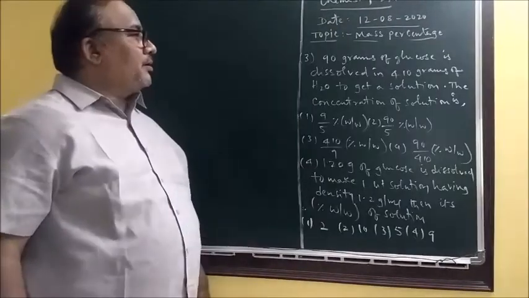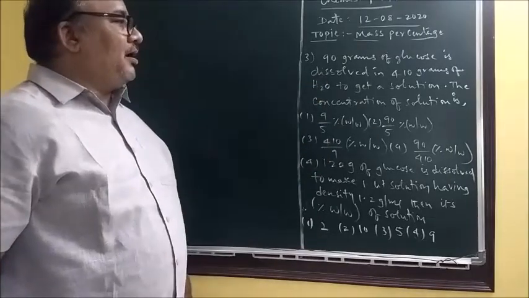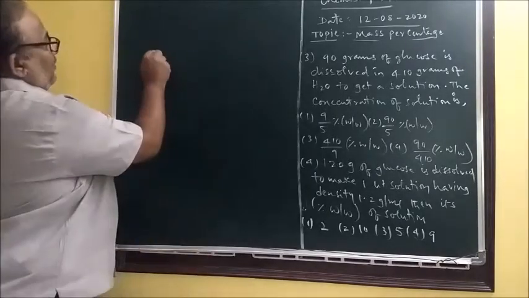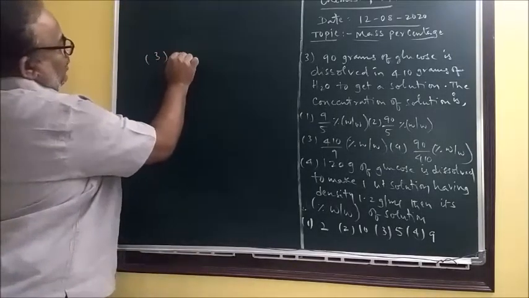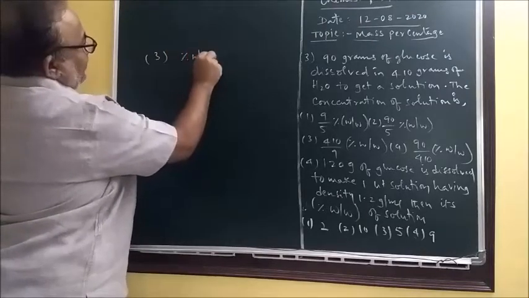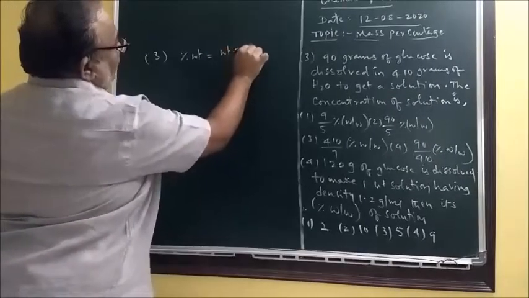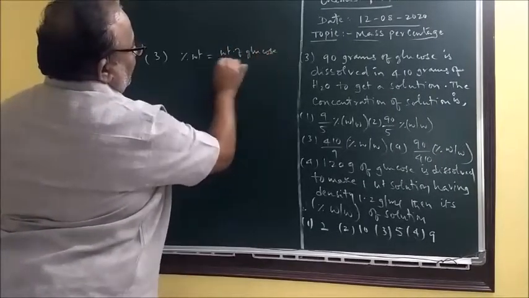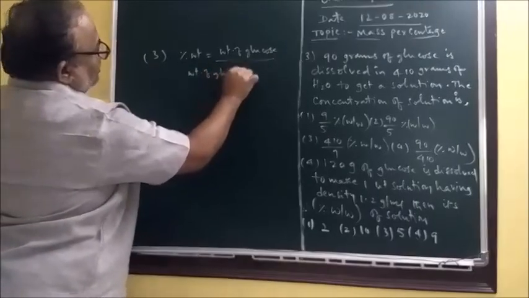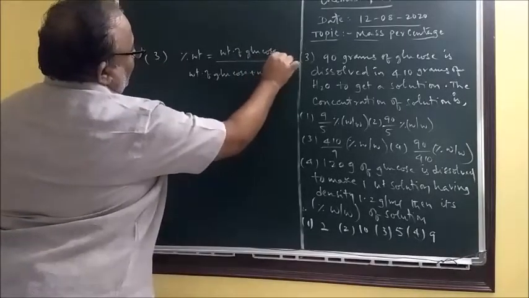Third question: 90 grams of glucose is dissolved in 10 grams of water to get a solution. The concentration of solution is. Percentage weight is equal to weight of glucose by weight of glucose plus weight of water into 100.